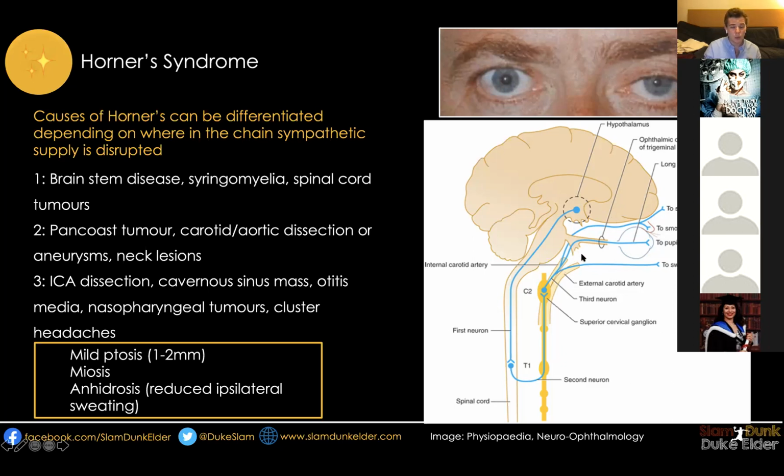It also traverses through the facial muscles, so nasopharyngeal tumors can affect it. And in some cases, there's an autonomic phenomenon with certain types of headache pathology, such as cluster headaches or migraines, that can mimic Horner syndrome. So know the signs and know that there are 3 places for lesion hunting, okay?